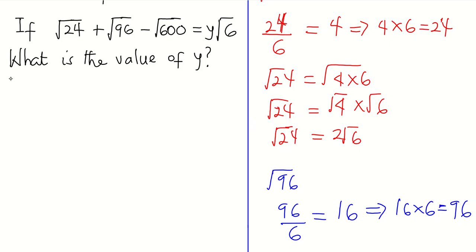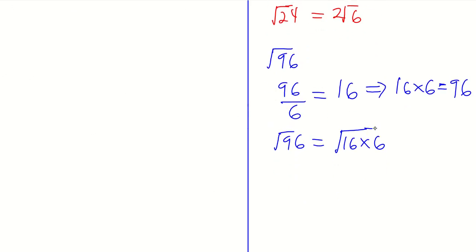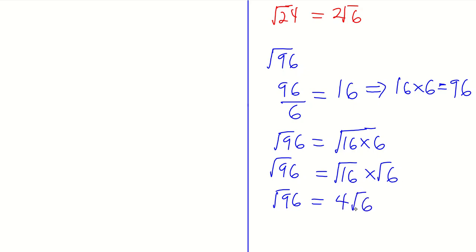So now if we have square root of 96, then we should get square root of 16 times 6. And we know that square root of 16 times 6 is the same thing as square root of 16 times square root of 6. Now we have square root of 96 here. So it means square root of 96 is the same thing as, now square root of 16 is 4, and we have here square root of 6.